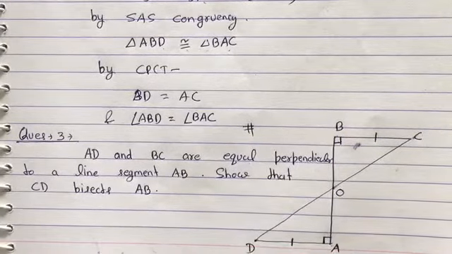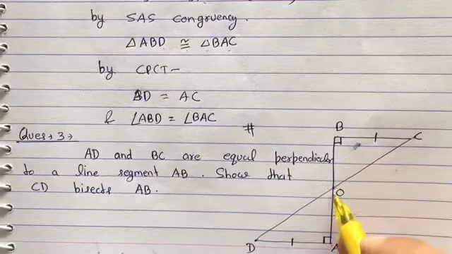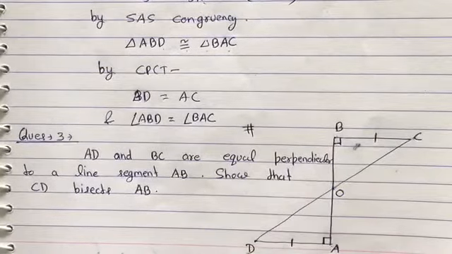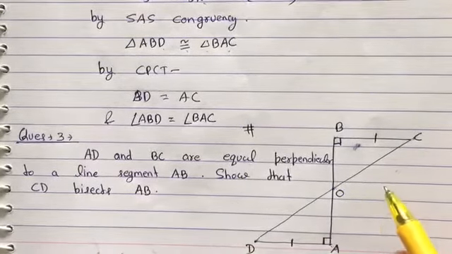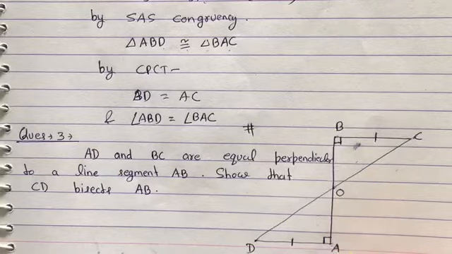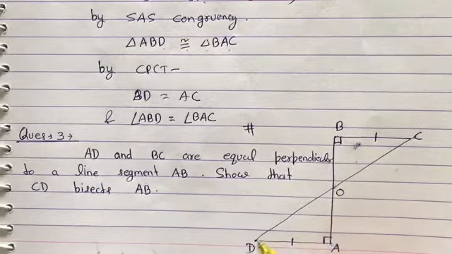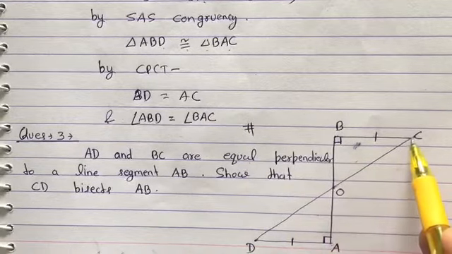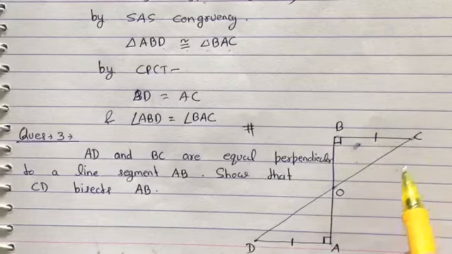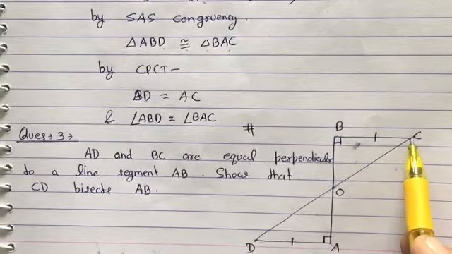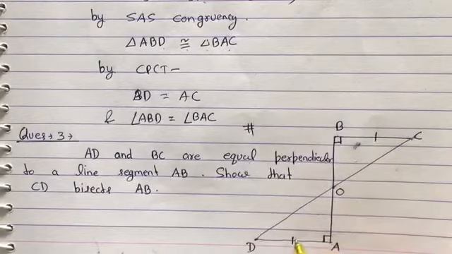I think this thing is clear to you. We have to show what? AO is equal to BO. Clear? For this purpose, we have to consider these two triangles, triangle AOD and triangle BOC. One thing is AD is equal to BC, one side is equal.